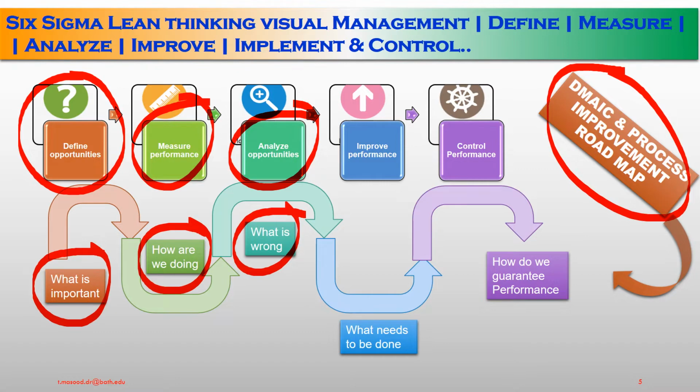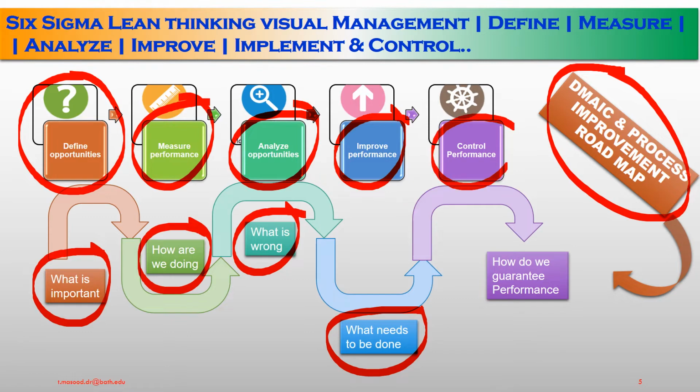And number 4, improve performance and what needs to be done. And number 5th and last, control performance or sustainability. How do we guarantee a performance that is sustained, or it will deliver the required results? That is how this roadmap demonstrates define, measure, analyze, improve, control mechanism integrating with each other in order to deliver the required results.